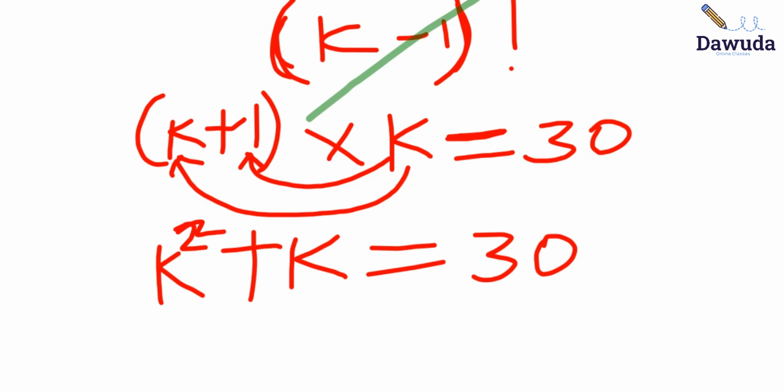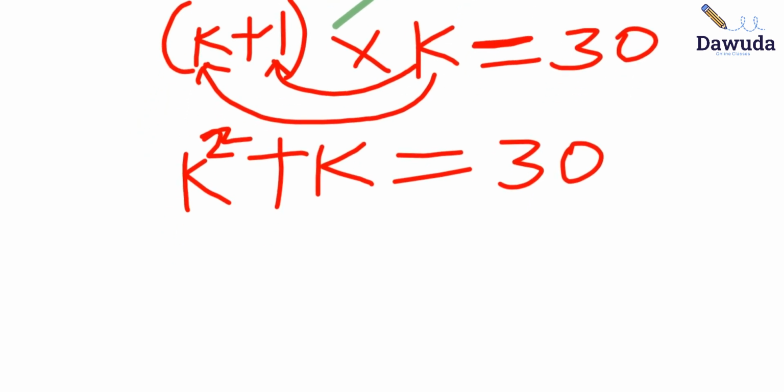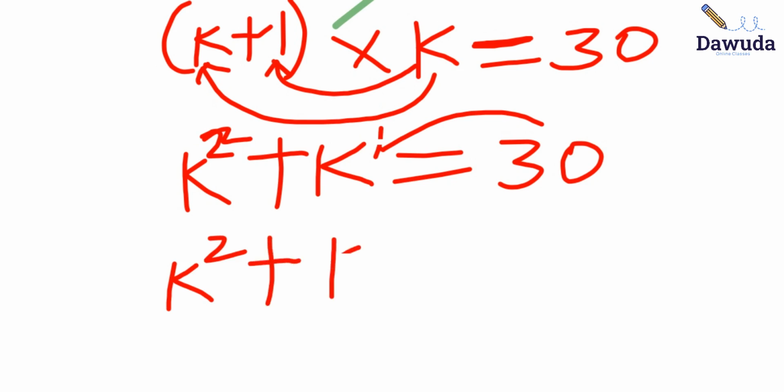So let's group like terms and bring the 30 across the equal sign. By so doing, we have k squared plus k minus 30 equal to 0. And this becomes a quadratic equation.